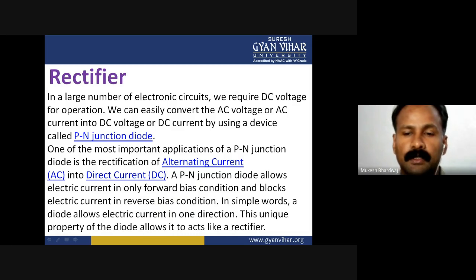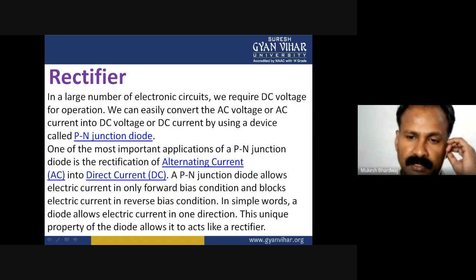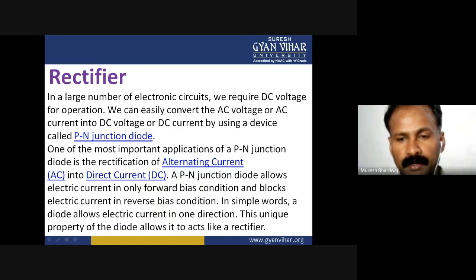It allows current in one direction but does not allow current in the other direction. So it has a unidirectional property. Due to its unidirectional property, it is used as a rectifying circuit.